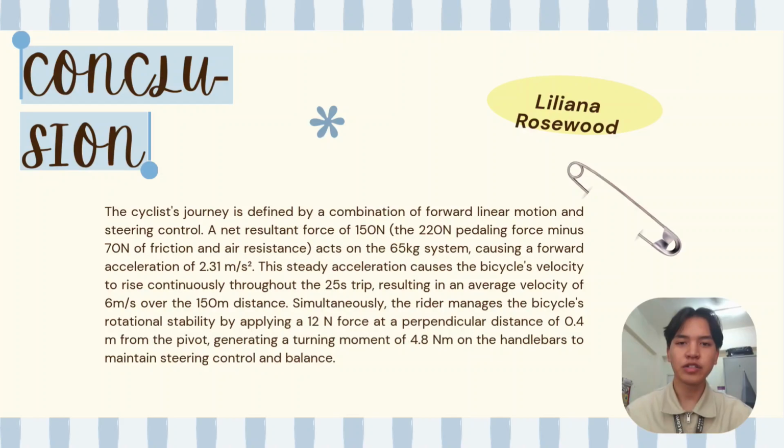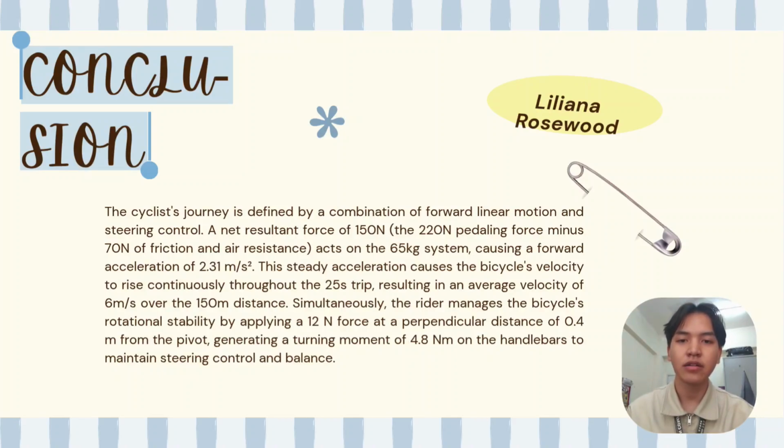So for our conclusion, to conclude, the cyclist's journey is a balance of both linear motion and steering control. We found that a net resultant force of 150 Newton acts on the 65 kg system, creating a steady forward acceleration of 2.331 meters per second squared.